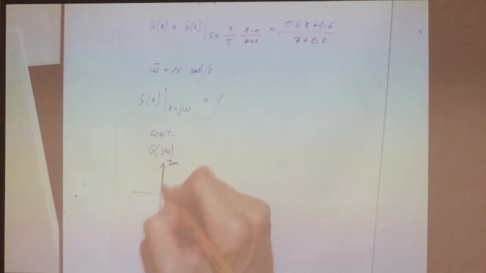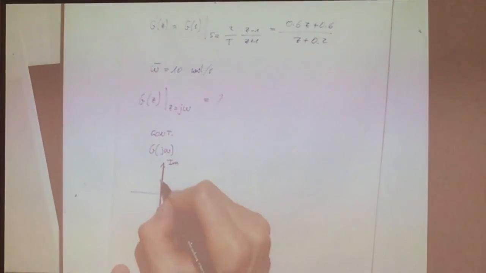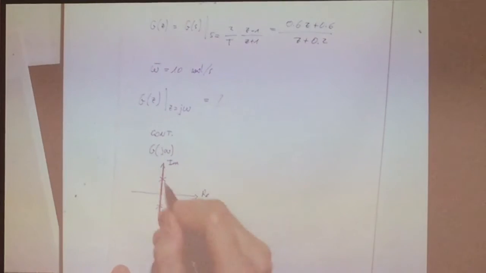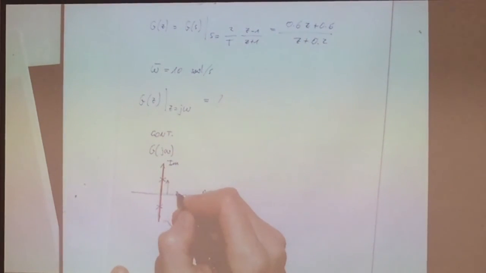So this axis here is j omega, and if you place poles on this axis, the distance of the pole from the origin is omega, and represents the frequency of the sinusoid that you are trying to represent.